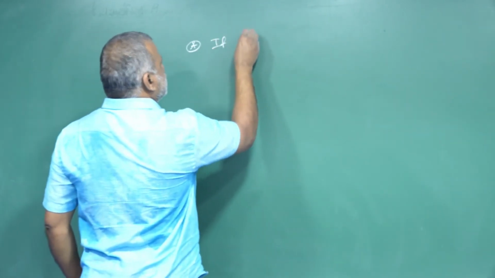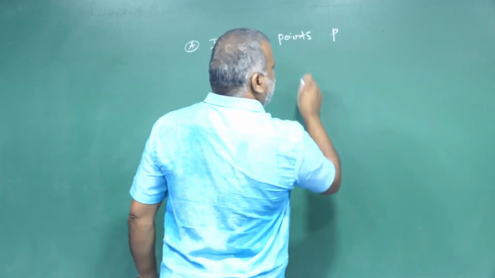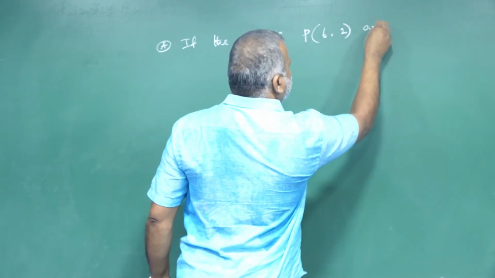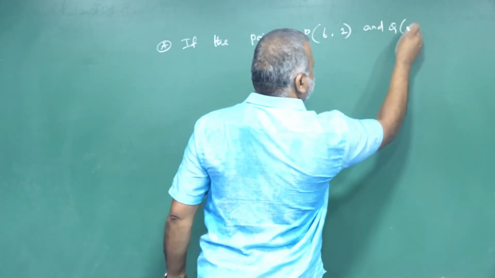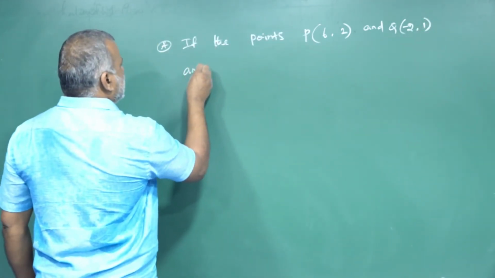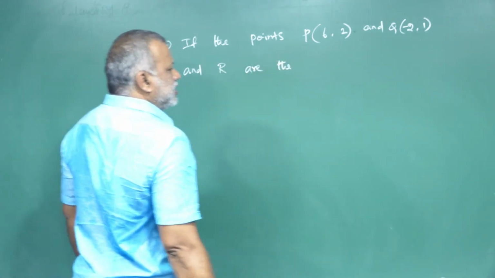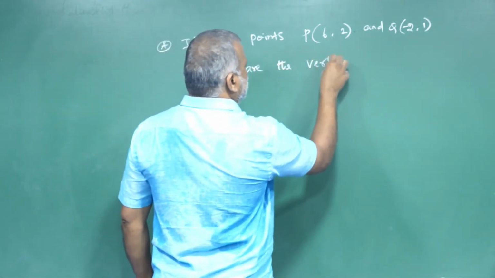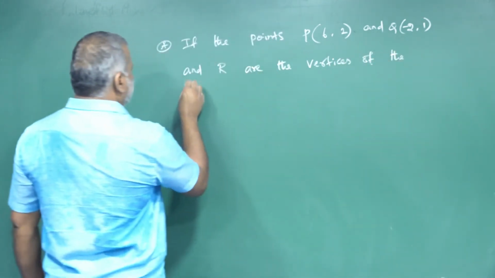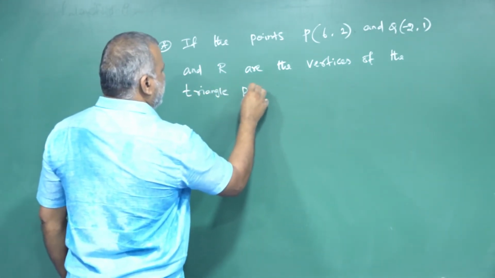If the points P of 6, 2 and Q of minus 2, 1 and R are the vertices of a triangle PQR.